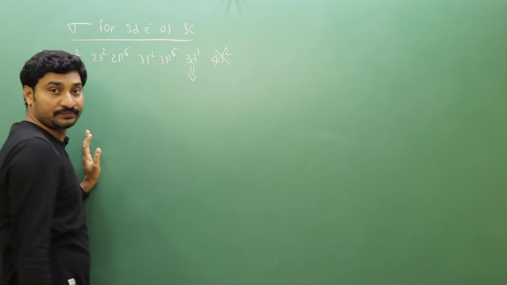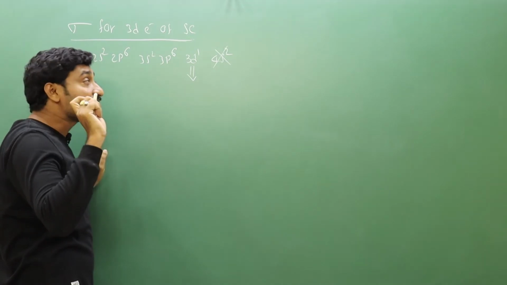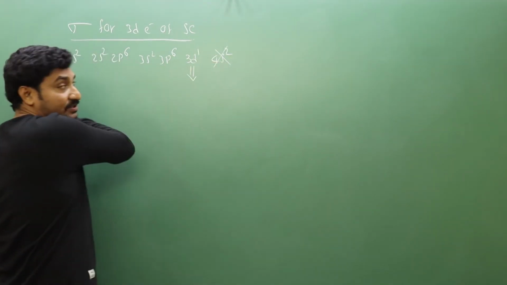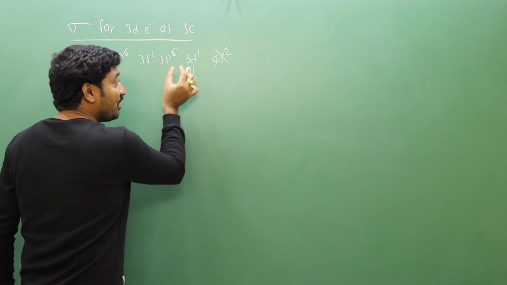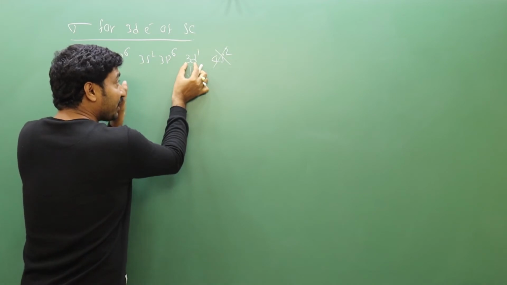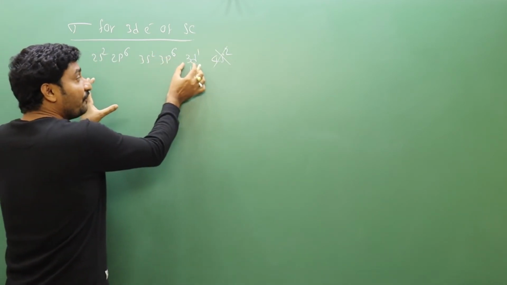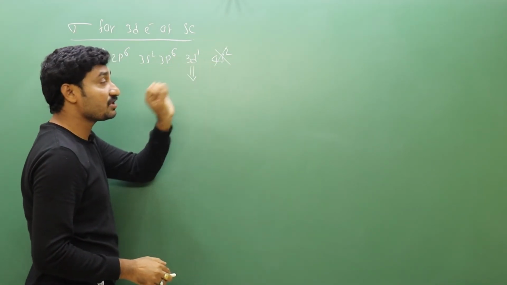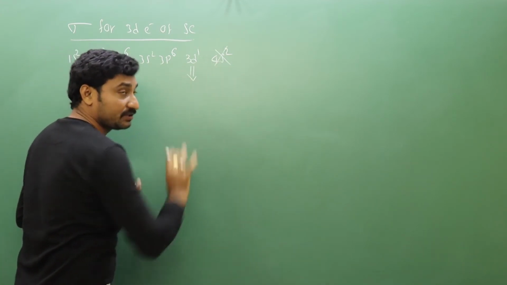If you were calculating sigma for a 4s electron, then you would consider that shell and the inner shells. But here we are calculating for 3d, so with respect to 3d, 4s is an outer shell. No need to consider 4s, so you can leave that.